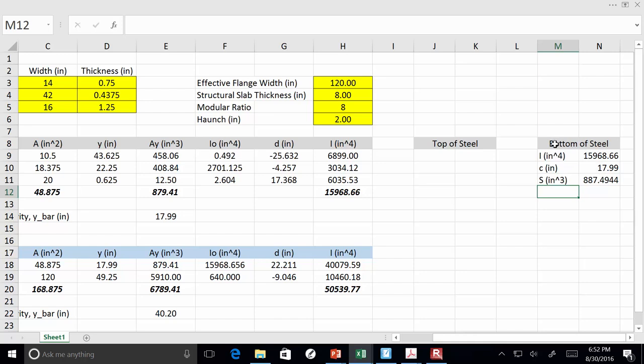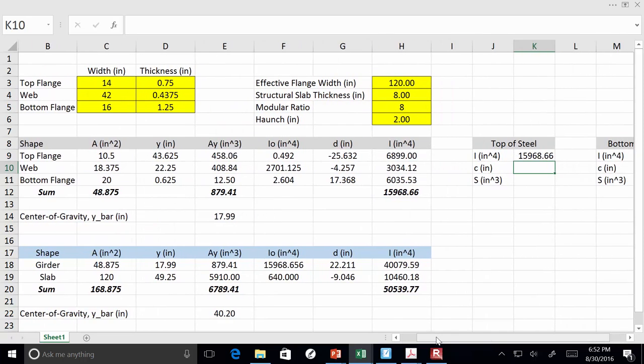Same deal. Moment of inertia. Well, here, I'll just copy this. Moment of inertia equals that, which is obviously the same. Now, extreme fiber distance. This is where you've got to pay attention. I'm talking about from the centroid to the way, way, way tippy top. How am I going to calculate that? Total height minus y bar.